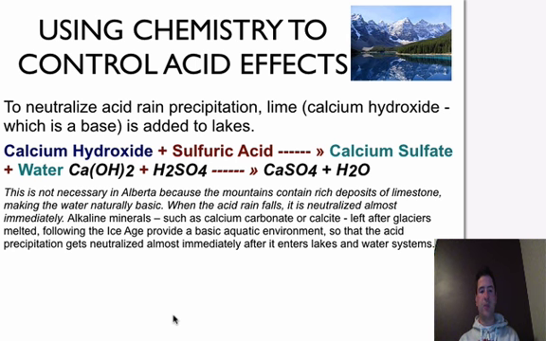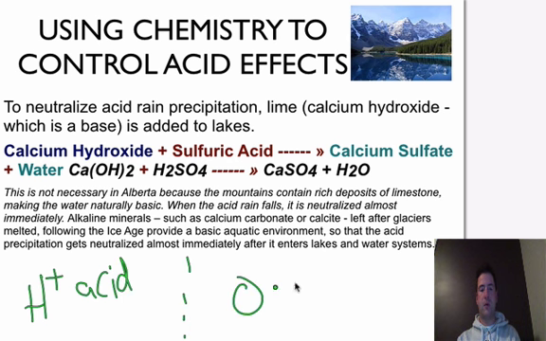What we're doing is we're seeing the formation of water, or H2O, because acids have an excess of hydrogen ions, okay, and that's an acid, and a base has an excess of hydroxide, okay, and so that's the base.